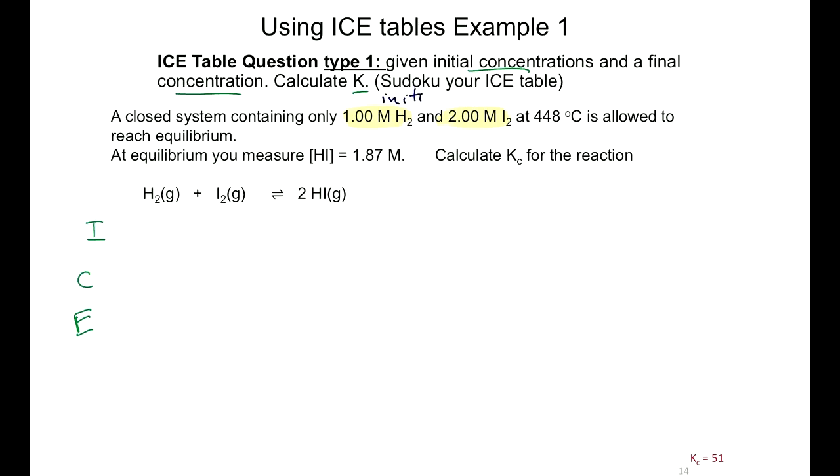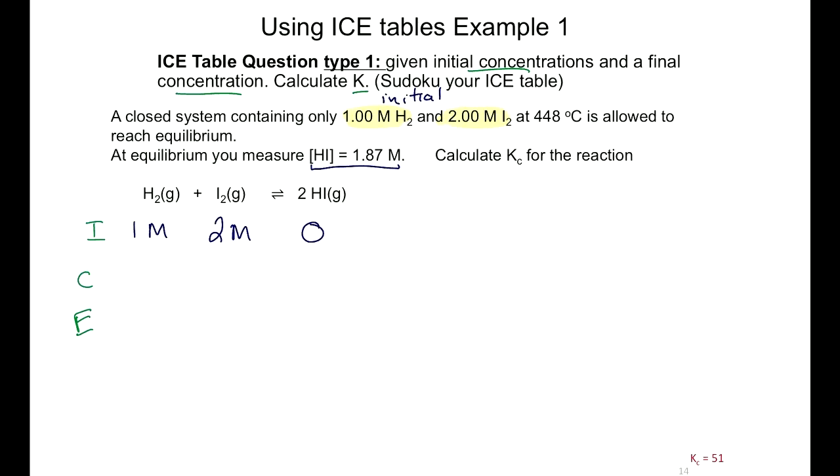You start with that initially. So if we fill in this table, we start with 1 molarity of H2 and 2 molarity of I2. Since I don't give you anything about HI, we assume that's 0.